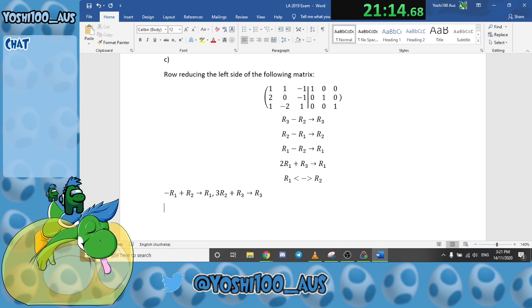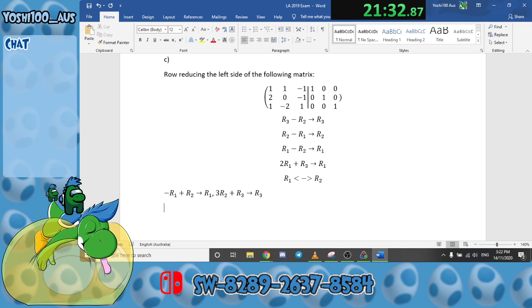Then the right side is what? 1 plus 4 is 5. Minus 1 take 3 is minus 4. 0 plus 1 is 1. Okay, and this remains as 4 minus 3, 1.